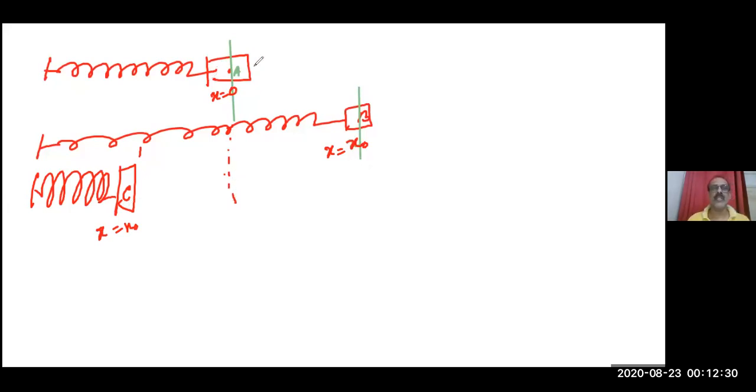Here EP is equal to half k x squared, and x is equal to 0 here, therefore EP is equal to 0. But Ek is equal to half k x naught squared. This is my main point.